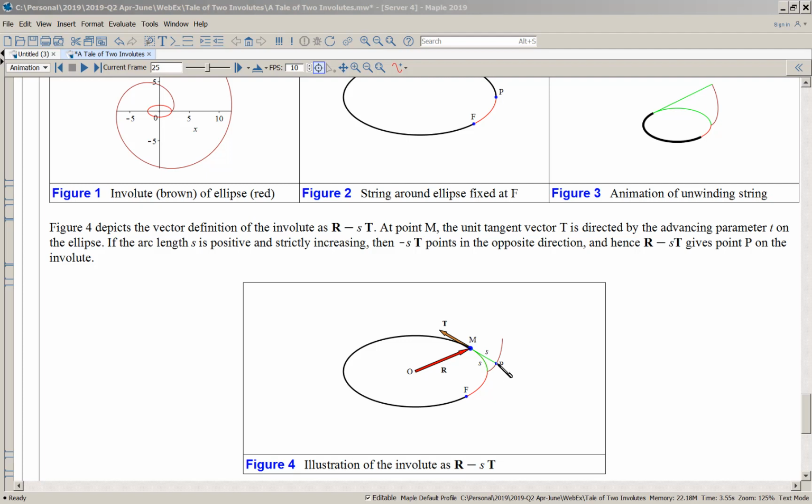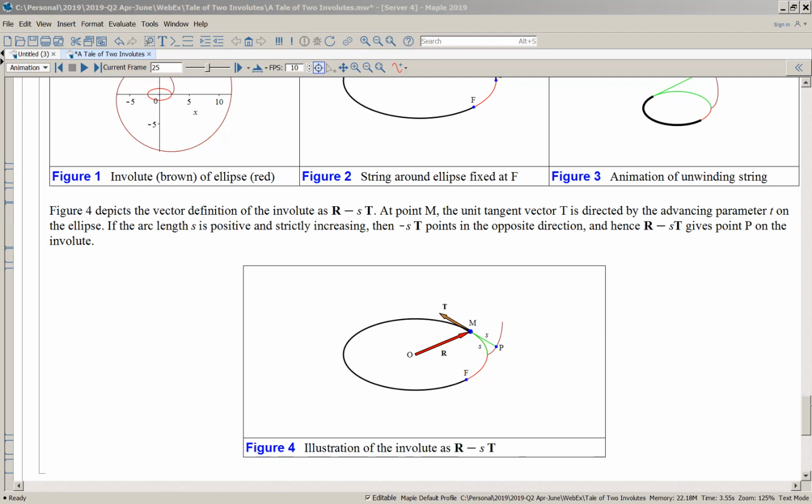P is the point where you put the pencil, and that traces the involute. This is the tangent vector. This minus sign takes the arc length and flips the vector the opposite way so that it points to the point P. So that minus sign is essential.